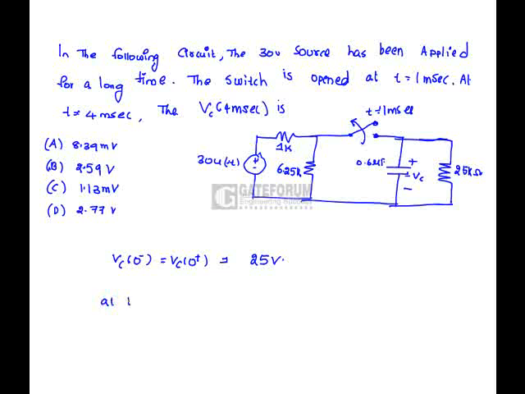Okay, now at t equals 0 plus, 30 u of minus t is equal to 0. Now Vc of 1 millisecond is nothing but 25 e power minus t by tau.